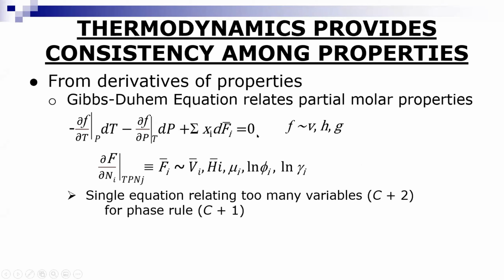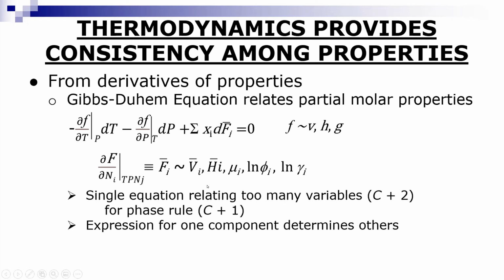Unfortunately, it's a differential equation, and so applying it can be a problem, but it's there and it has to be followed. You just can't independently determine partial molar properties from each other. You always have to satisfy the Gibbs-Duhem equation. And so what this says is that the expression for one component determines the others.